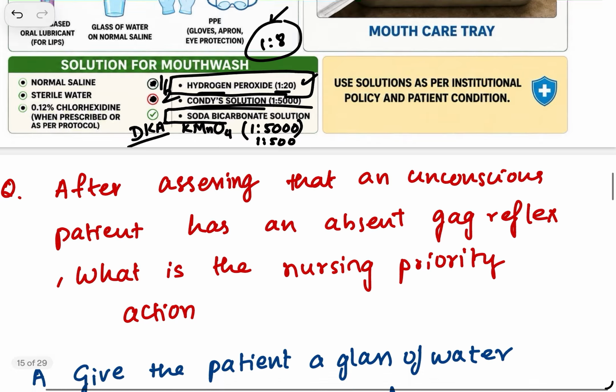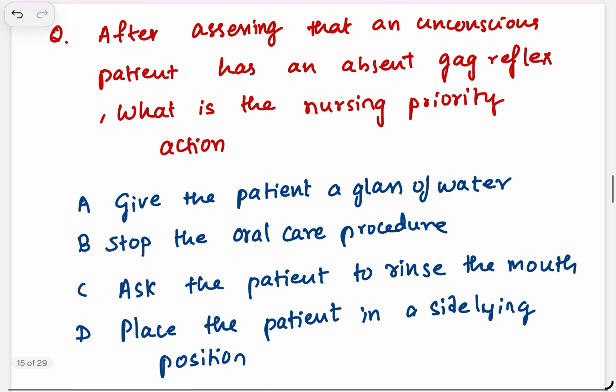So now we will do the activity. Tell me, after assessing that an unconscious patient has an absence of gag reflex. You know about the gag reflex? What is the meaning of gag reflex? Gag reflex means that on stimulation of the pharynx, you are able to swallow, or else you may spit it out.